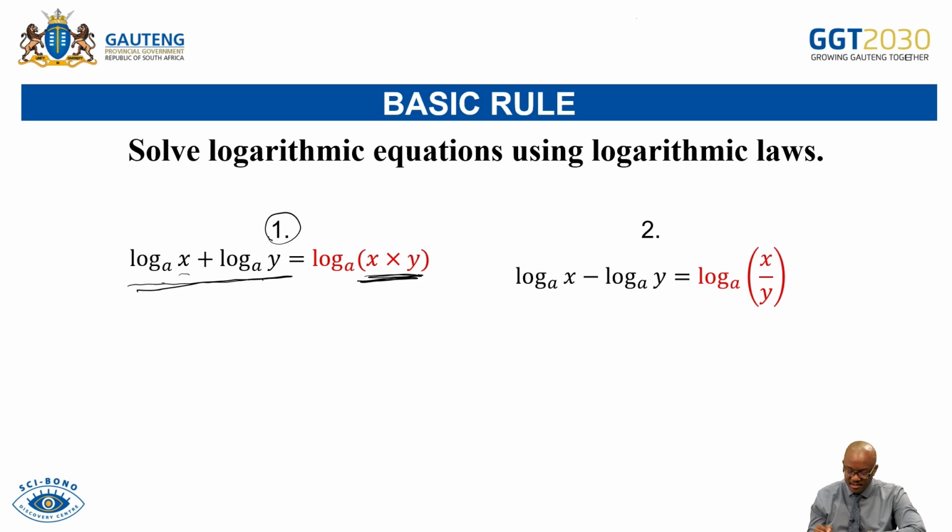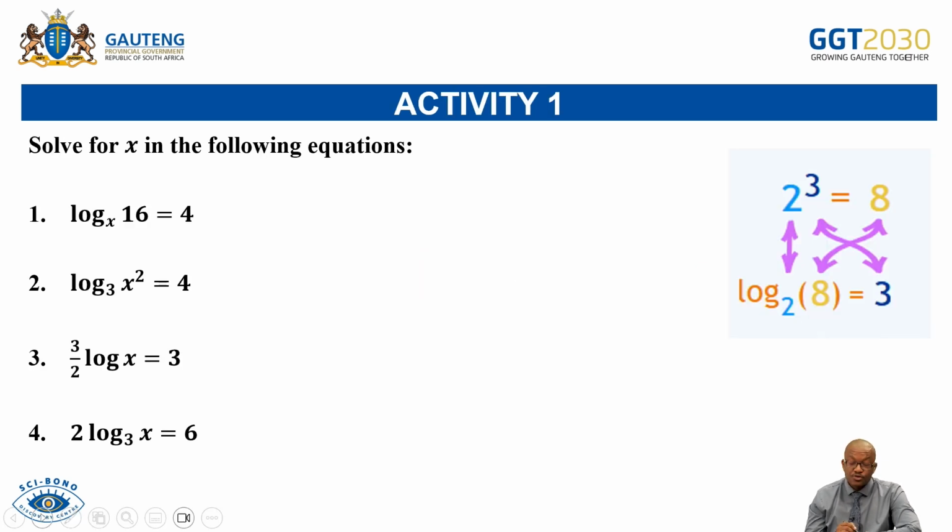Then if you have logs with the same base subtracting each other, you can also combine them into one by division. So addition goes hand in hand with multiplication, and subtraction goes hand in hand with division. Those are the basic rules that you need to keep in mind as we are dealing with the equations. So we have activity number 1. In activity number 1, the question says solve for x in the following equations.